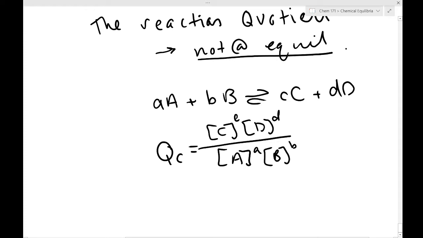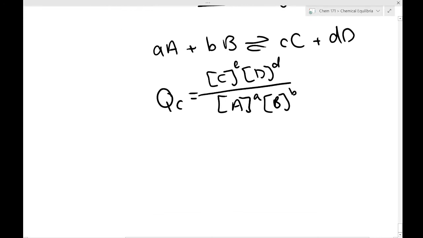And you might be thinking to yourself, wait a minute, this looks just like K. This looks exactly like the equilibrium constant Kc, right? That's true, it looks exactly the same.